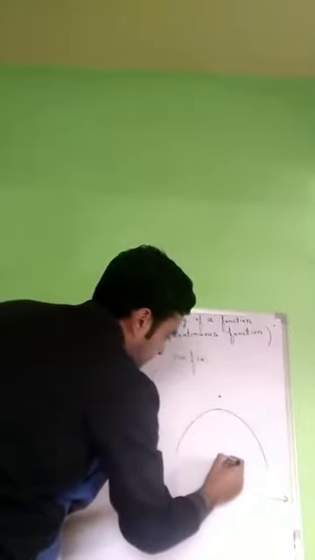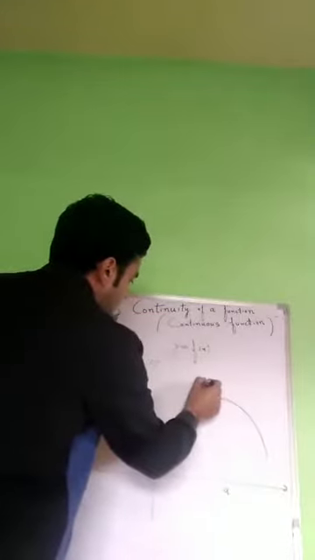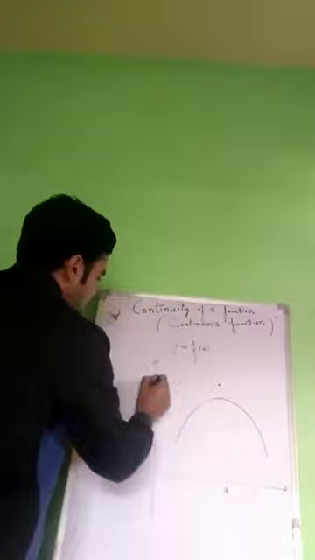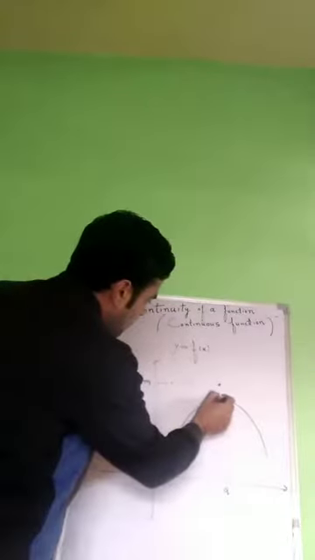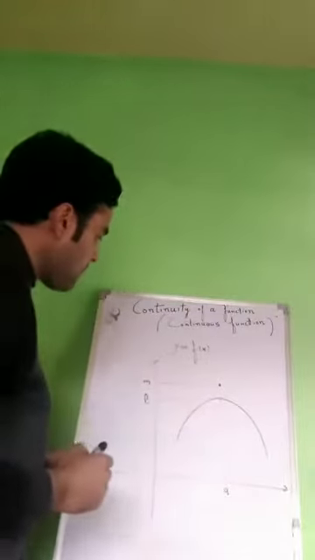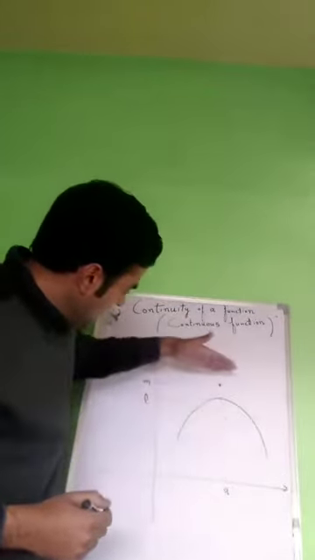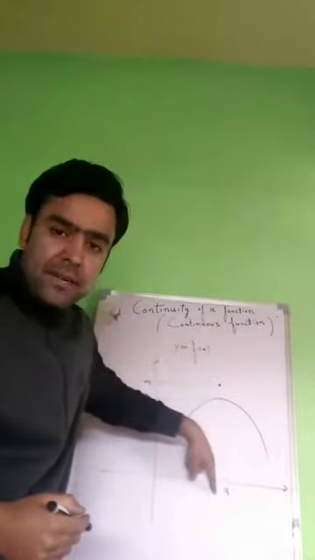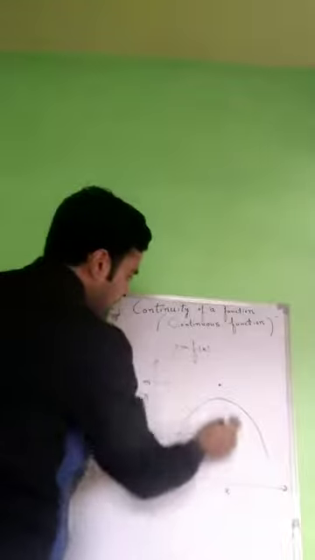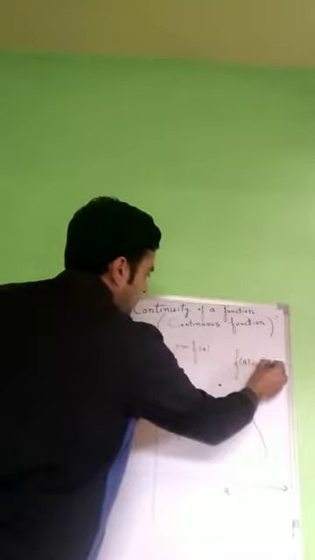Let this be at point A. Now let this point be at height m and the hole be at height L. Since part of this graph is at height m at point A, therefore value of the function at A is equal to m. That is, f(A) is equal to m.